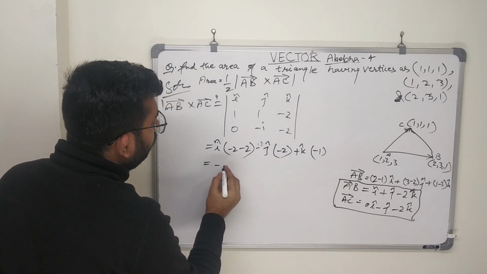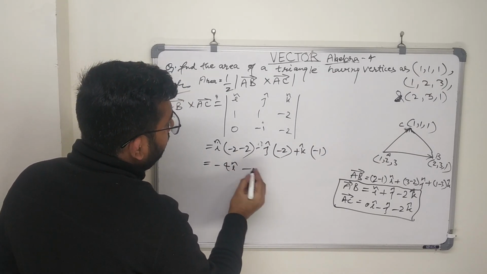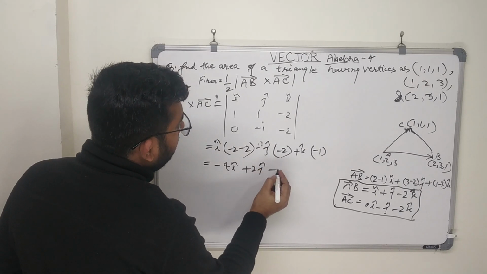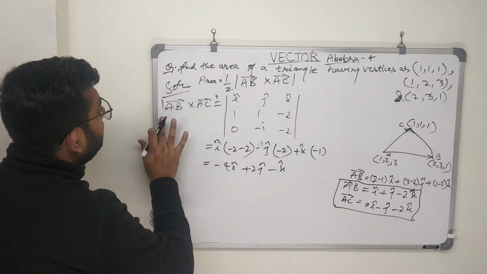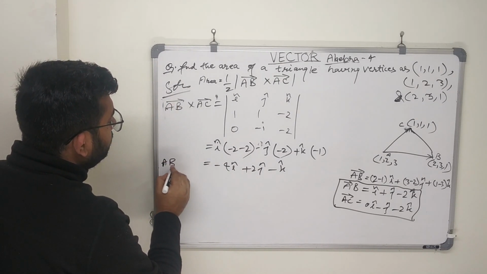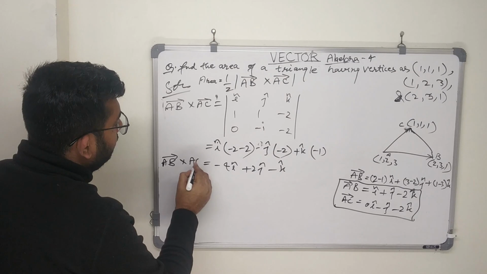So this will be equal to minus 4 i cap plus 2 j cap minus k cap. So this will be the vector AB vector cross AC vector.